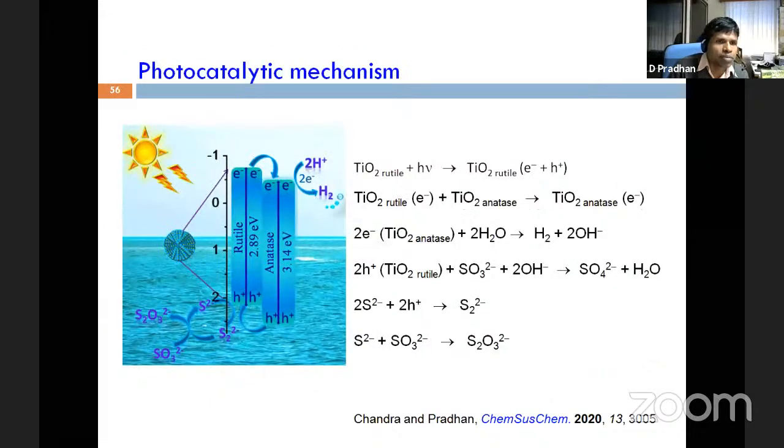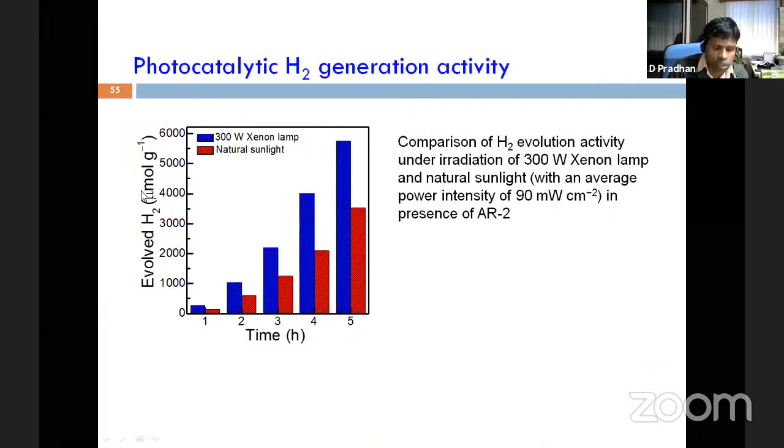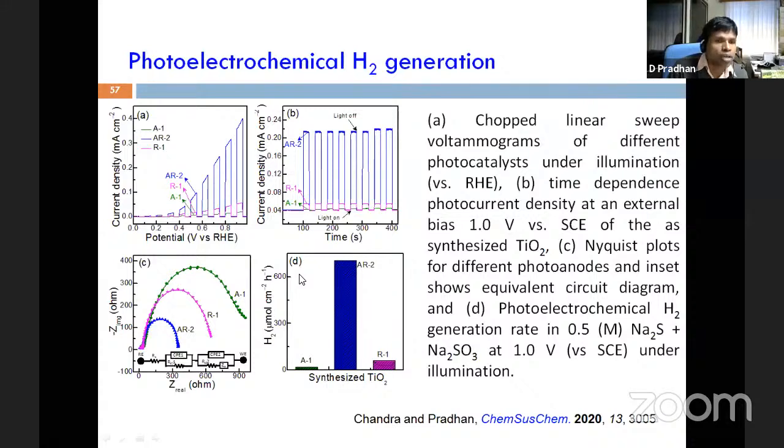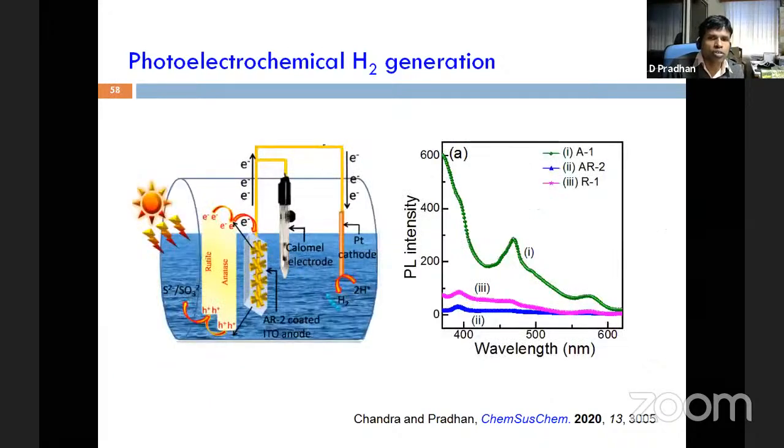In the previous experiment, we measured per gram, that is, a mass density per amount of the sample. But in electrochemical cases, we measured per centimeter square, because the sample was coated on a substrate.